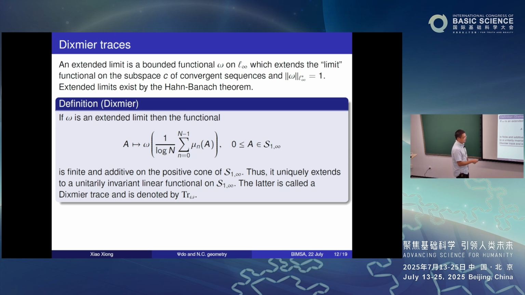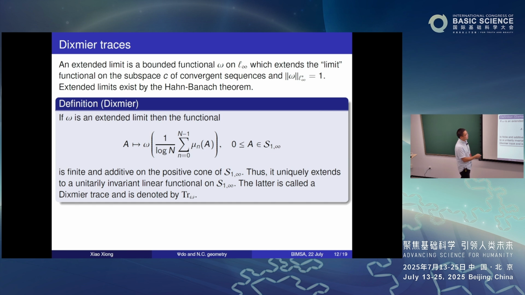It is a trace on this class of order 1 infinitesimals, in other words, a trace on the ideal L^{1,\infty}. With this in mind, it is not easy to find a good way to define it. It is given by this formula.